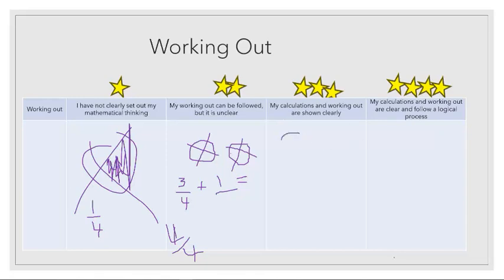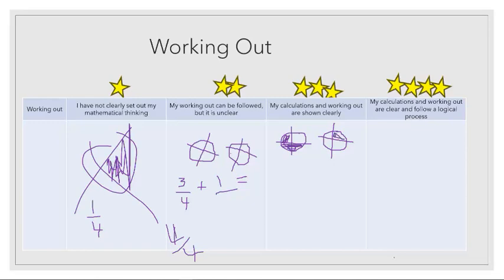So this is where you might go like this. The diagram's a little bit neater. You're taking your time, and you're actually representing your 3/4. Sorry, this is a bit hard to do on Seesaw. You'd be doing this in your book and it would be much better.